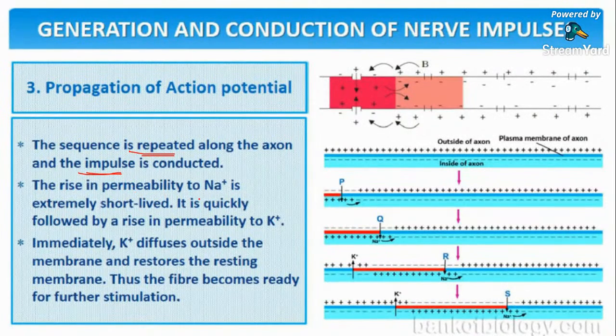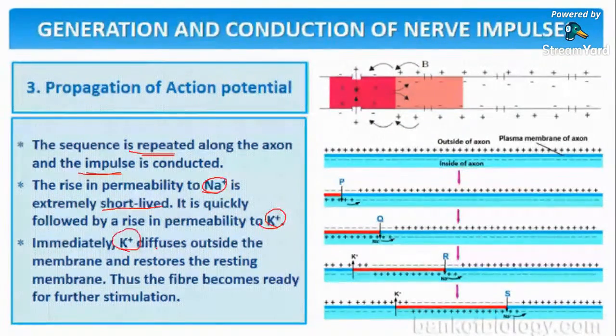The rise in permeability of sodium is extremely short-lived. It is quickly followed by a rise in permeability to potassium. So the permeability of sodium becomes low inside the axon. Even though the polarity becomes reversed, when the nerve cell becomes depolarized, within a fraction of a second it changes back to the earlier condition.